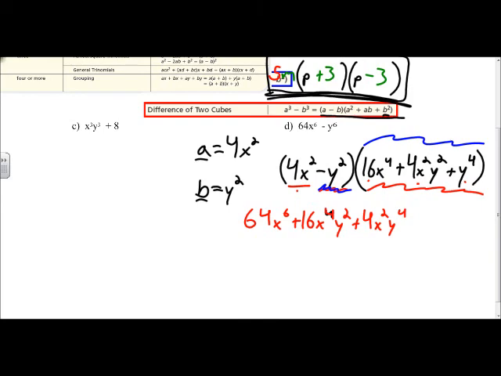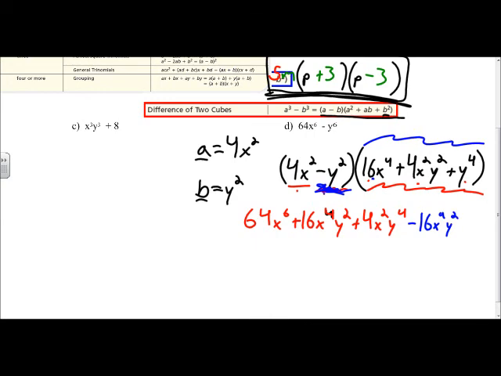Okay, now we need to look at all of our negative y squared multiplied by everything. So negative y squared times 16x to the 4th is going to give us a negative, because the y squared has the negative out front. Negative 16x to the 4th y squared.